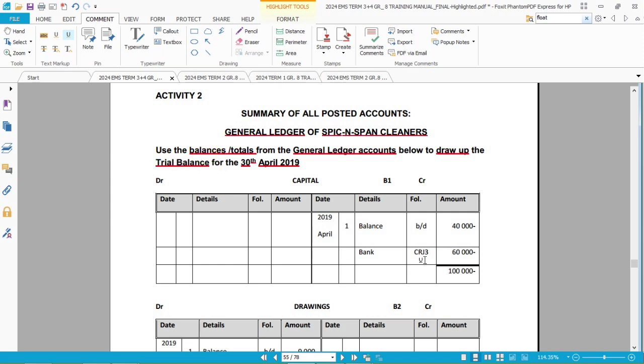If you look at this business, it's very interesting that this business is actually an existing business. That means in the previous month, the month of March, they had transactions. As you can see, the capital account here has a balance brought down from the previous month. I'm going to show you an example of what I mean, because you need to be able to differentiate between a new business and an existing business.